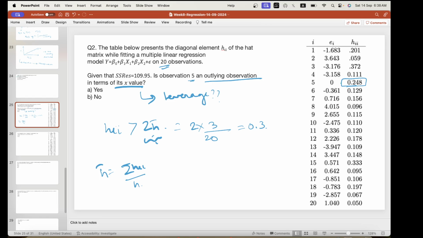Since 0.248 doesn't exceed 0.3, the answer is no. Alright, moving on.